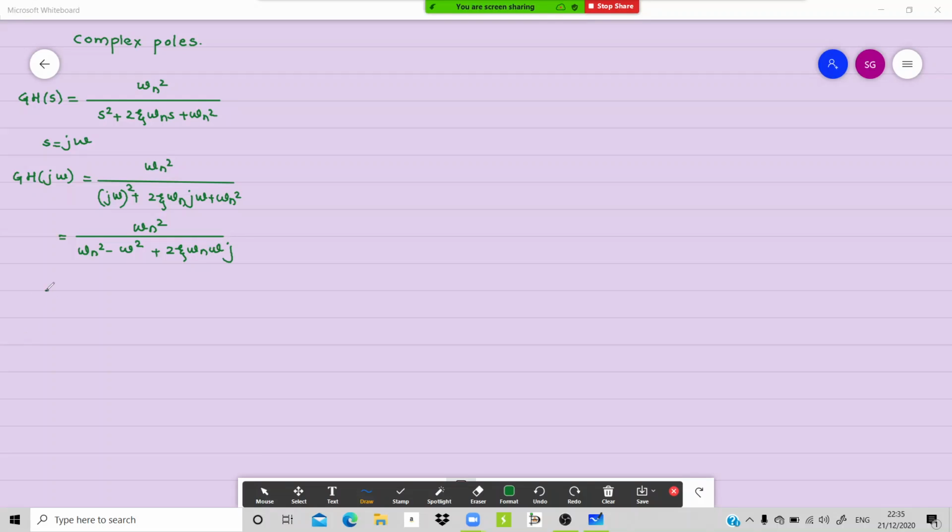So we'll try to put 1 over here, so it will be easy for us to separate it into real and imaginary parts. When I'm dividing the expression by omega n square, I'll get 1 minus (omega upon omega n) whole square plus 2 zeta, omega n cancels out, omega upon omega n j.